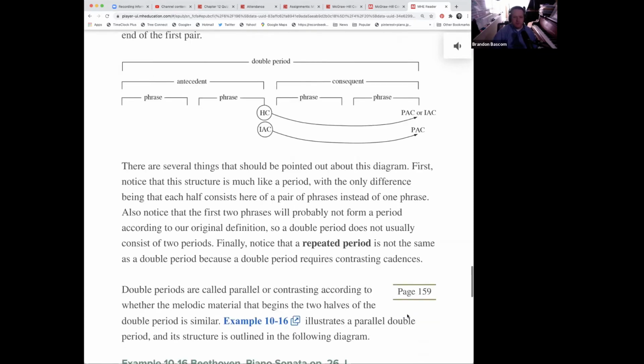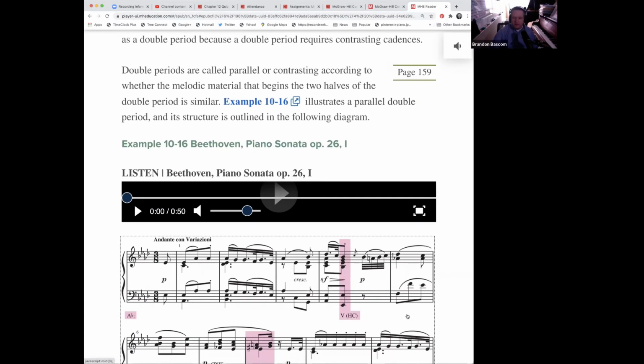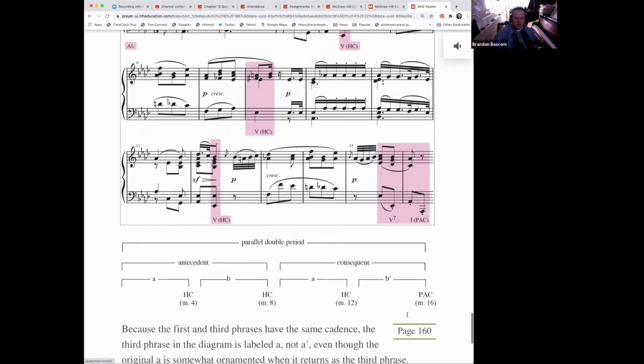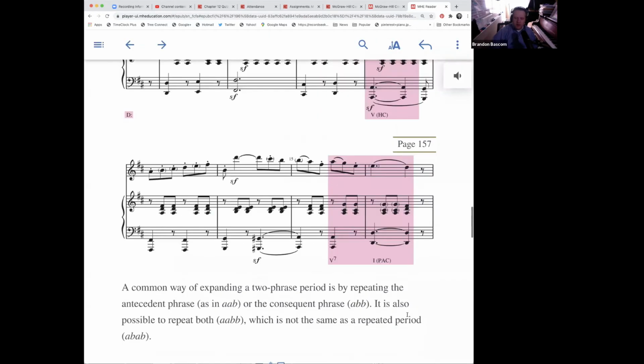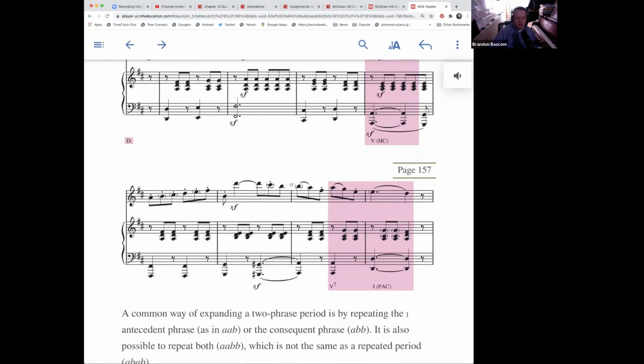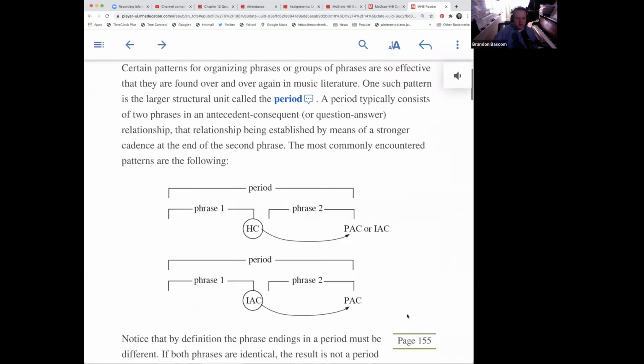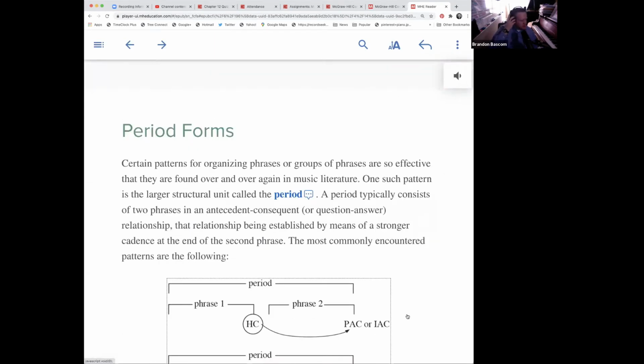All right. So you will be given a piece, and you will have to identify what is the structure, what is the form. You'll be given multiple forms, multiple diagrams of periods and parallel double periods and contrasting periods and sentences and all that stuff.